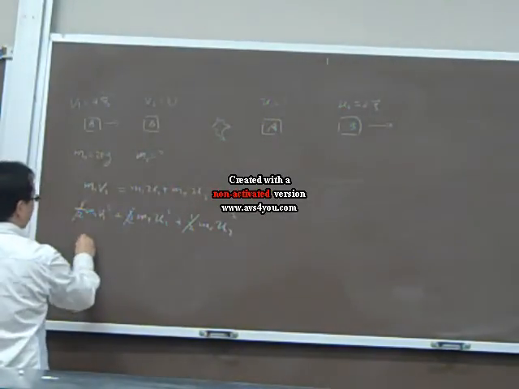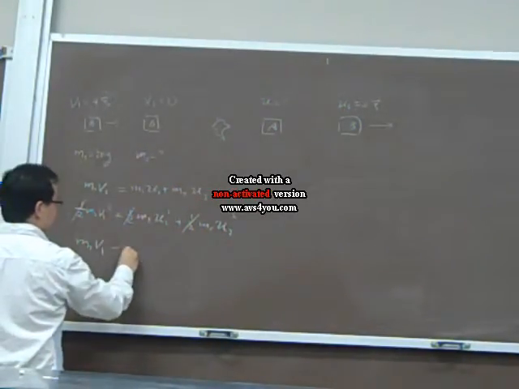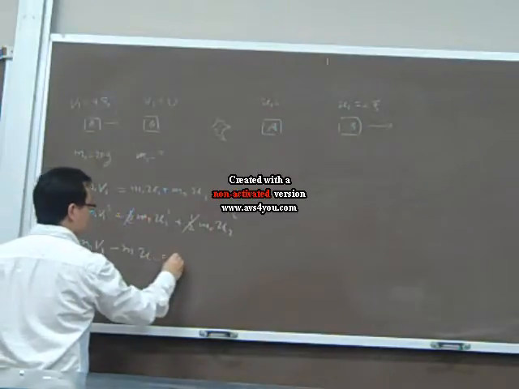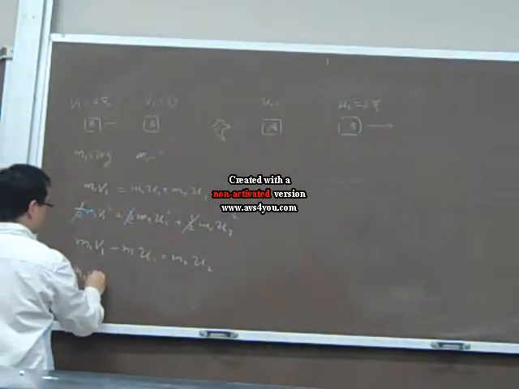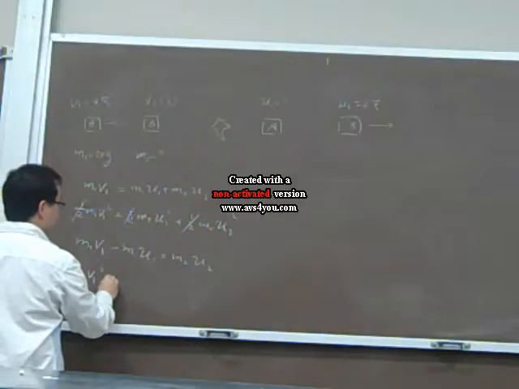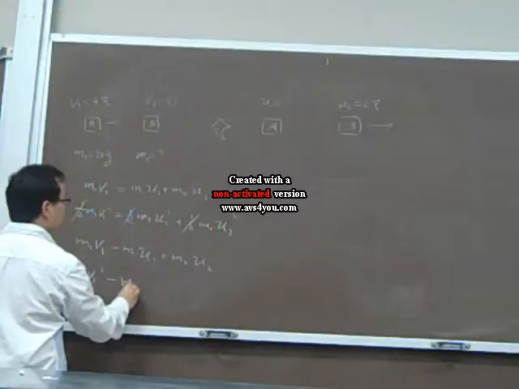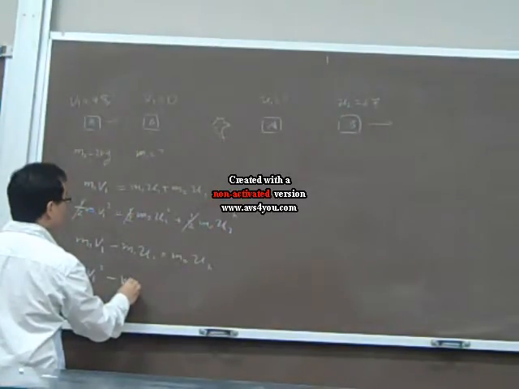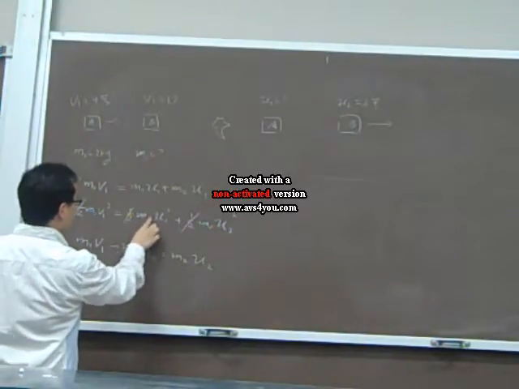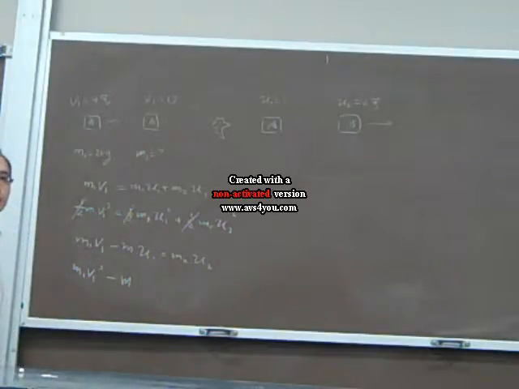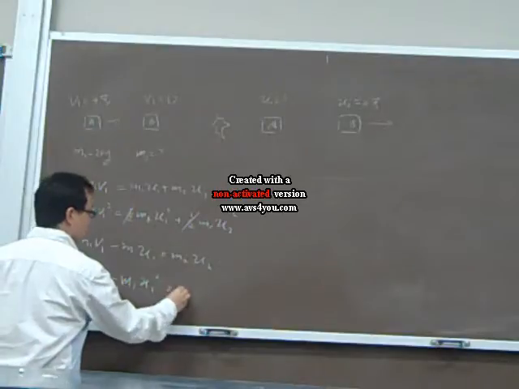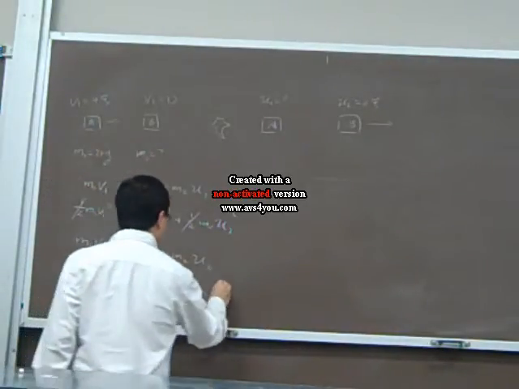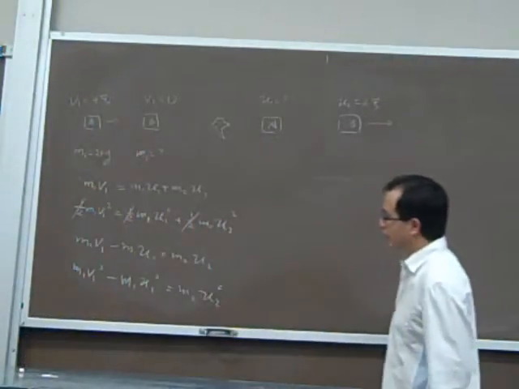So here, M1 V1 minus M1 U1 equals M2 U2. This is M1 V1 squared minus M1 U1 squared equals M2 U2 squared. Okay?